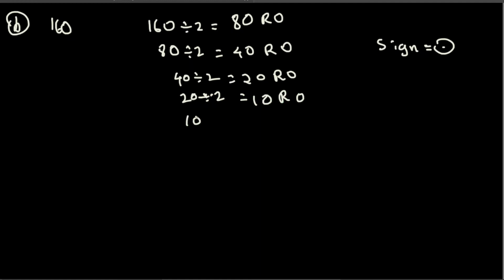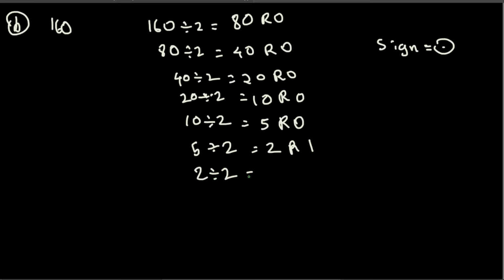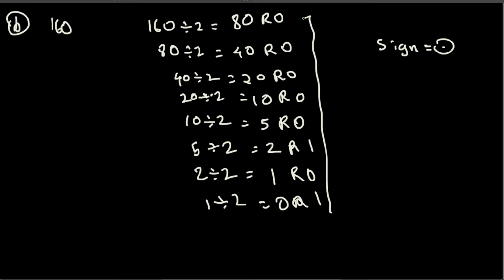And then 10 divided by 2, that is 5, and the remainder is 0. 5 divided by 2, that is 2, and the remainder is 1. Then 2 divided by 2, that is 1, and the remainder is 0. 1 divided by 2 is 0, and the remainder is 1, and then go from bottom to top. So this is going to be 1 0 1 0 0 0 0 0.